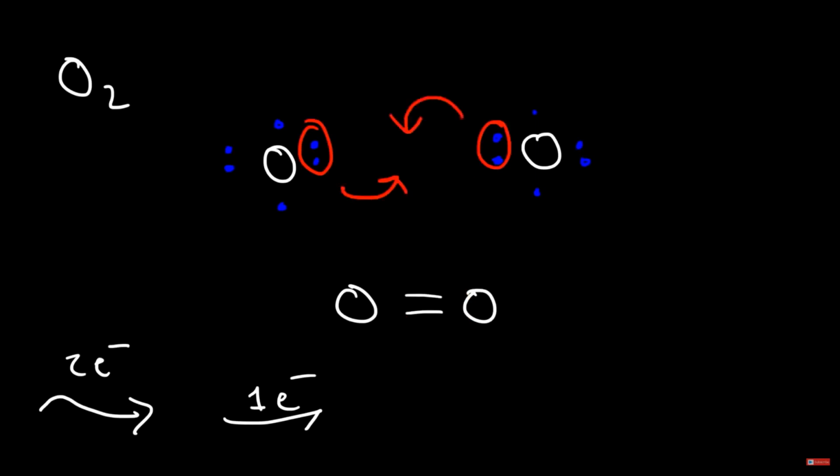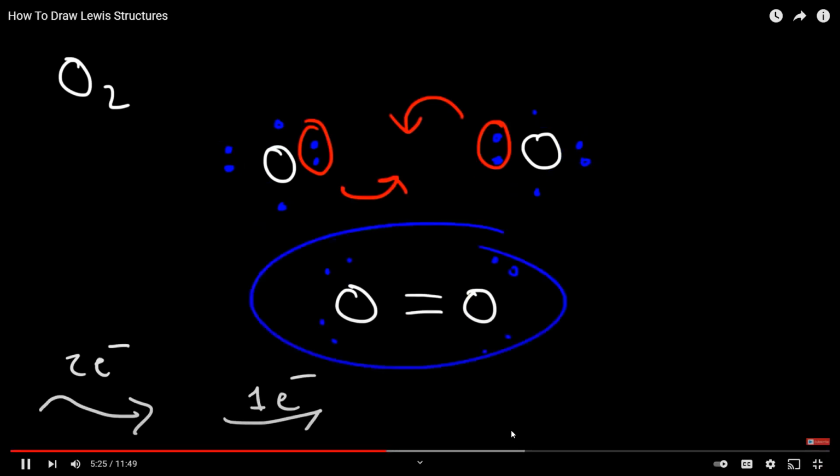Now we know that oxygen wants to form a double bond. Each bond represents 2 electrons, so therefore we need 4 electrons. These 4 electrons will be used to create this double bond. And so oxygen has 4 electrons left over that didn't participate in the reaction. And on the right side, we also have 4 electrons. So this is the Lewis structure of the oxygen molecule.